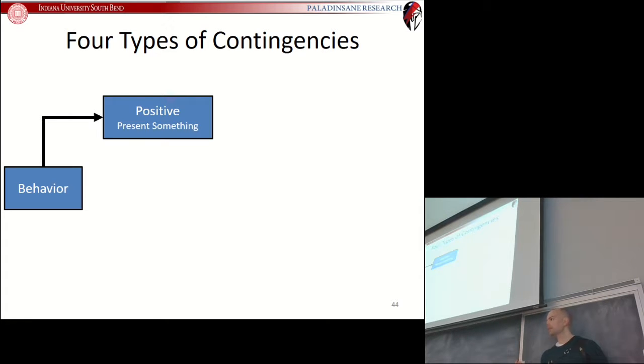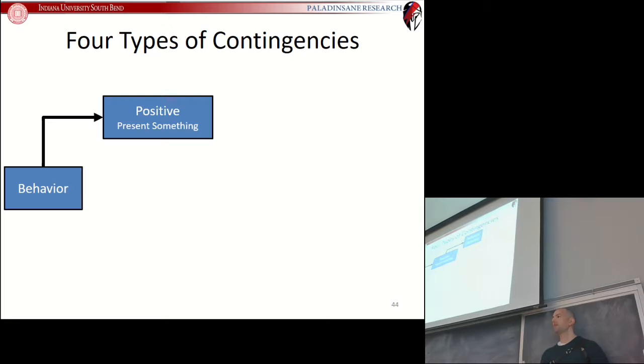The positive here doesn't mean that it's a good thing, or something the organism likes, or a culturally acceptable way to act, or that it makes the organism feel good. It simply means that you have added something to the organism's environment, given it something as a consequence of that behavior.